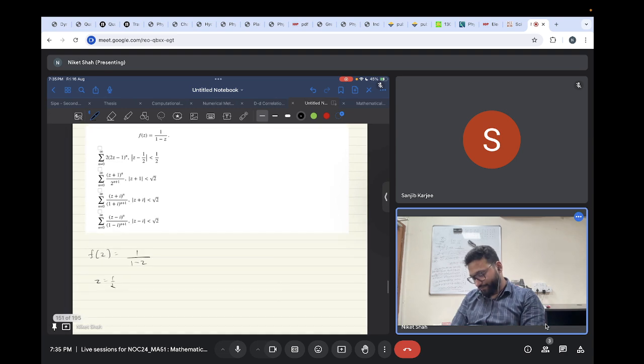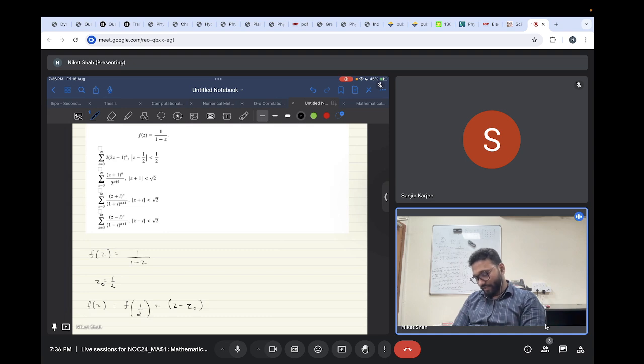So in that case, f of z is f of half plus, z0 is equal to half.